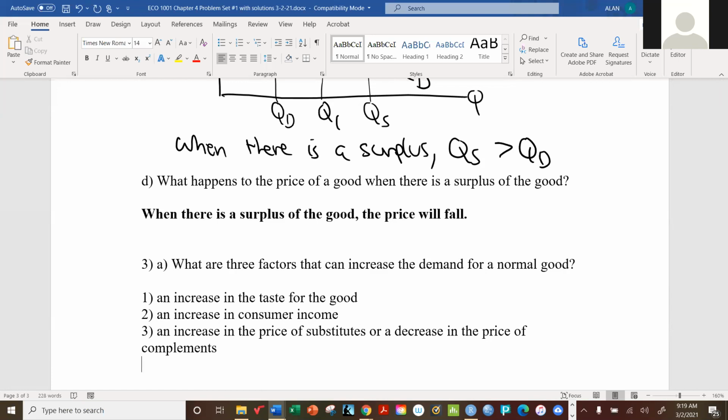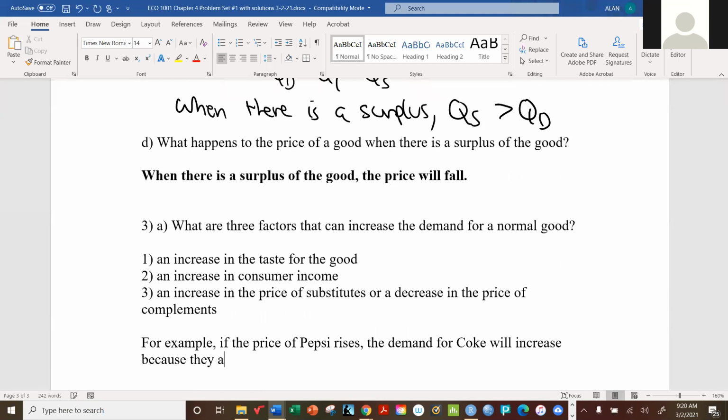It's so easy to get these backwards. If you are having an issue remembering which is which, try to think of an example. I'll just throw this in here. You don't have to do this. For example, if the price of Pepsi rises, the demand for Coke will increase because they are substitutes.